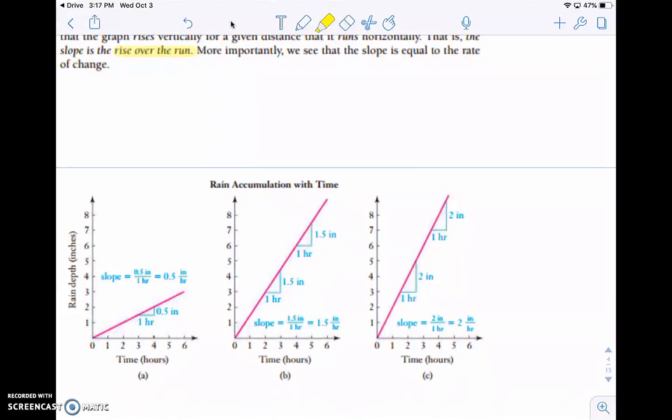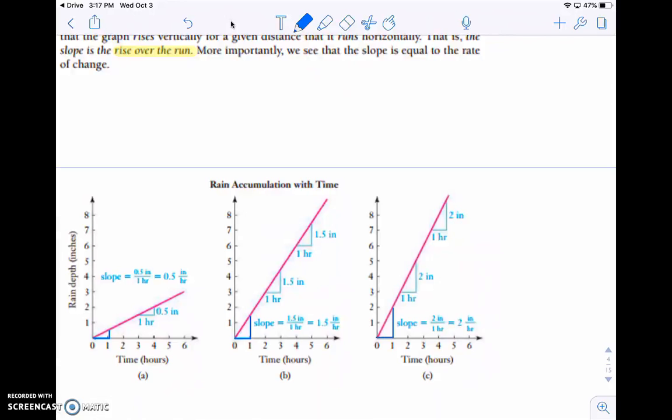So you can see in each of these here, for every 1 hour we come across, we go up a half inch in this one. This one, for every 1 hour across, we go up 1.5 inches. And then this one, for every hour we come across, we go up 2 inches.